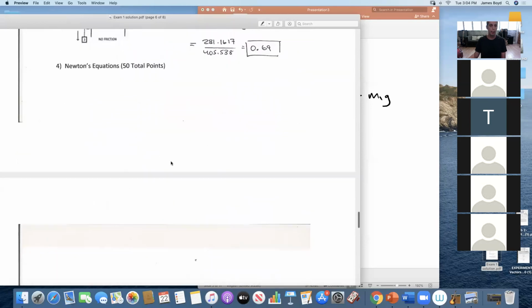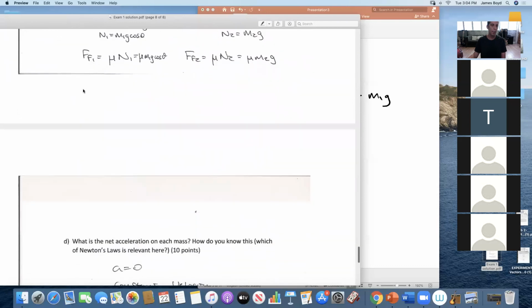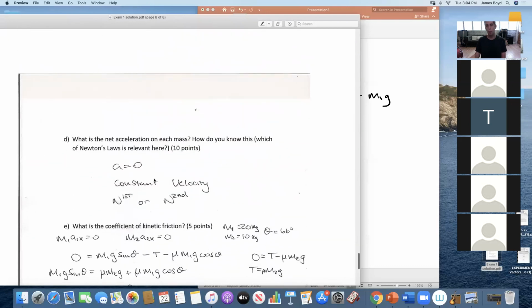And I also guarantee that something very similar to this will appear on the exam, where you'll be asked what the acceleration is, and you'll have been told it's constant velocity. This is the one thing that I think I'm kind of a jerk about, because asking this question, if you didn't realize it was 0 because of constant velocity, you could waste a lot of time doing the algebra.